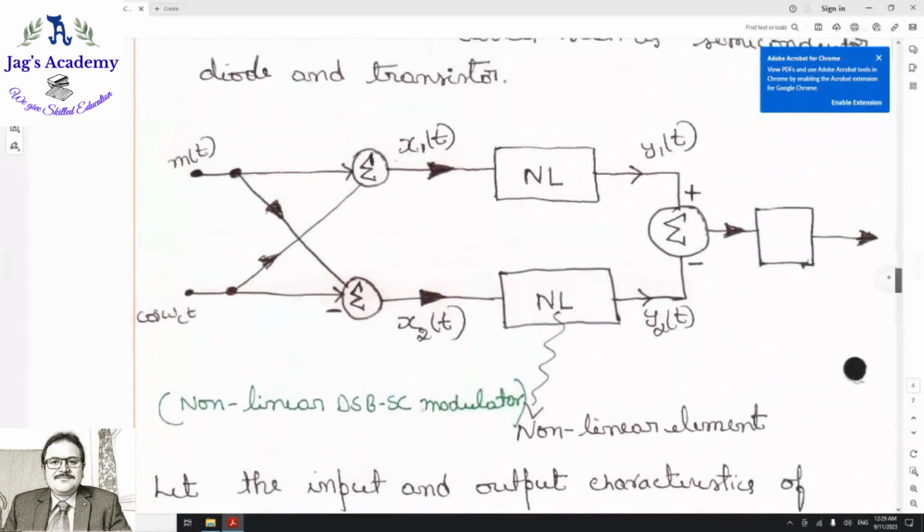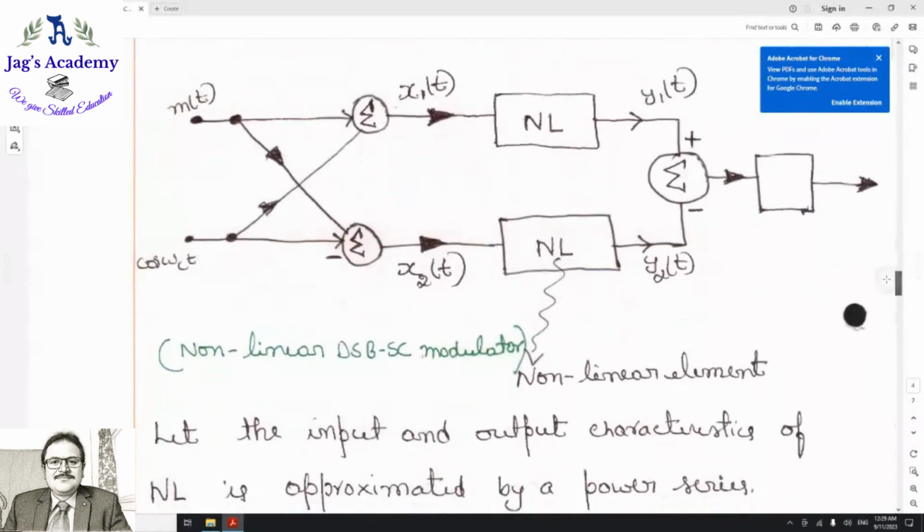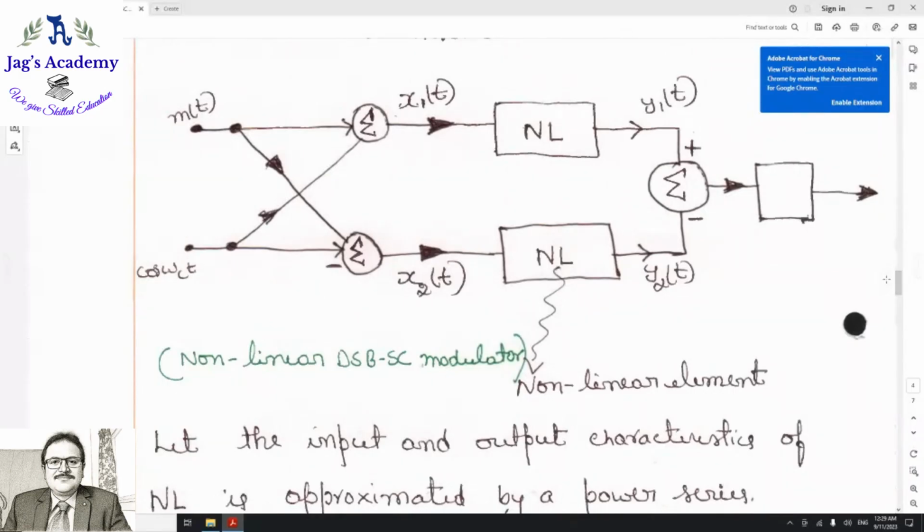Whenever you have a nonlinear device, the input-output relation follows a law called the square law.